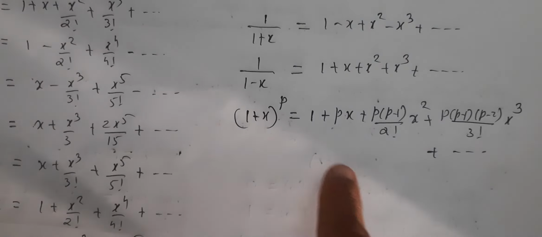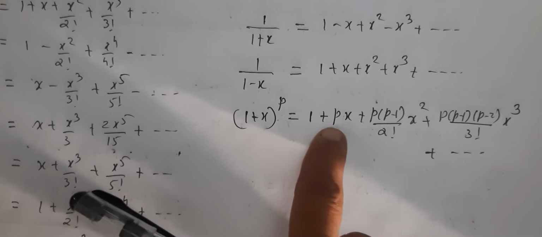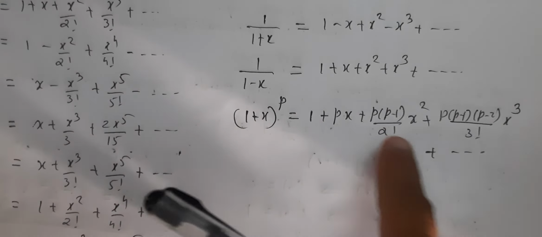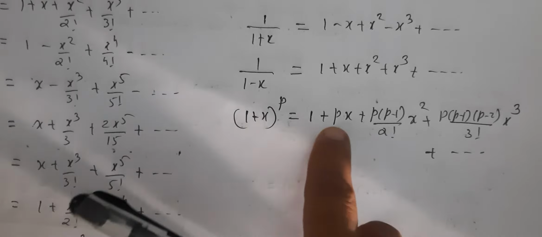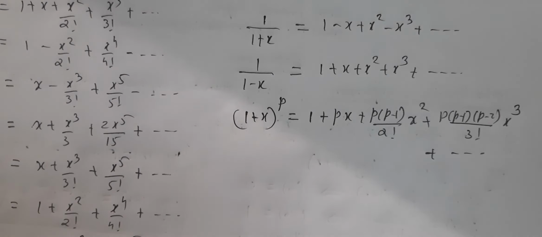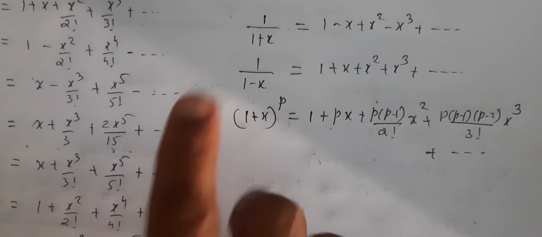But just to remember this expansion I can tell you the formula of pC1, that is p. pC2 is going to be p into p minus 1 upon 2 factorial and powers of x are increasing. So this is the expansion of 1 plus x raised to p.